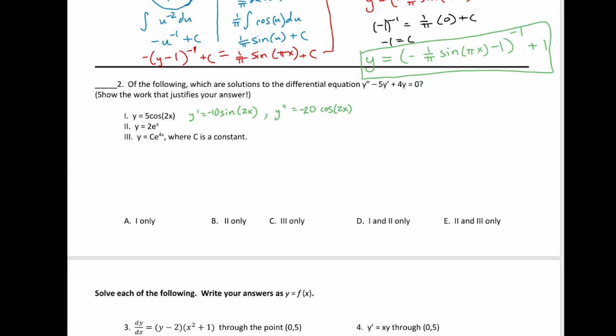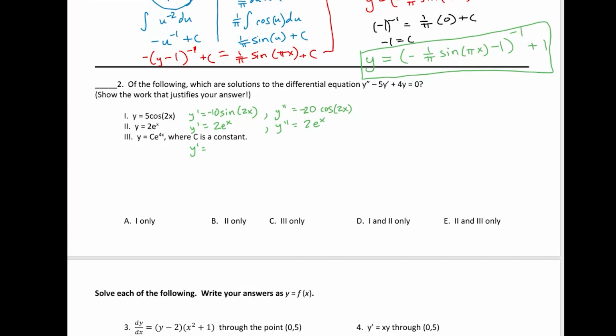For the second one, y prime is going to be 2e to the x. And y double prime is going to be, well, 2e to the x again. So that's pretty nice. Now, for part 3, it says c is a constant here. So for this one, y prime is going to be c times, and we're going to have to use a little chain rule here because that exponent is 4x, so we do have a composite function.